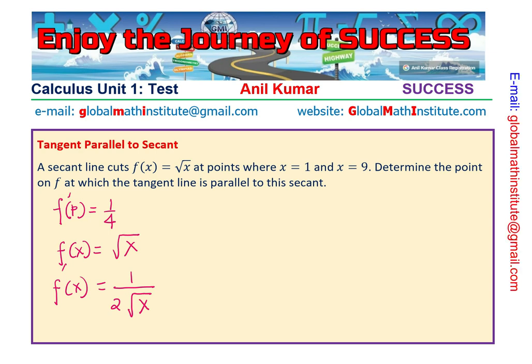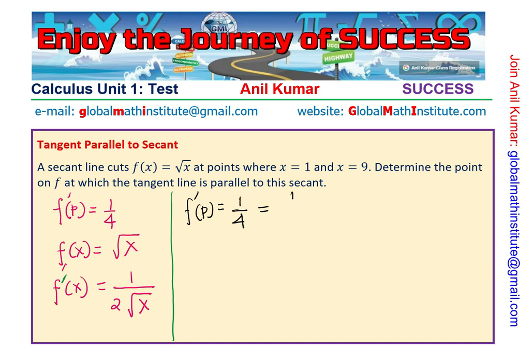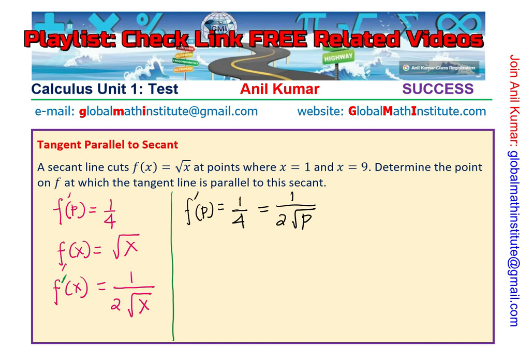So substituting the slope at P, which we know is 1 by 4, we can find the coordinates of point P. 1 over 2 square root of p, because the x value is p there.